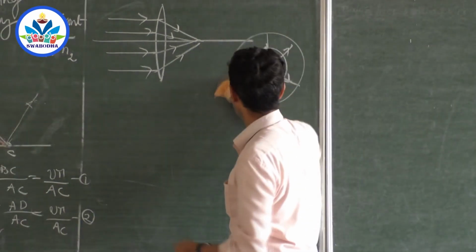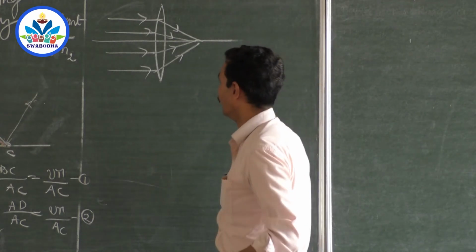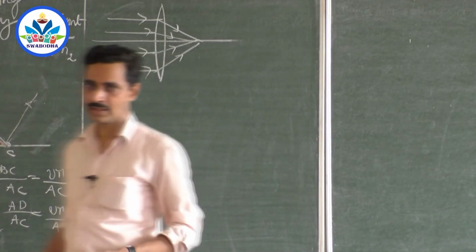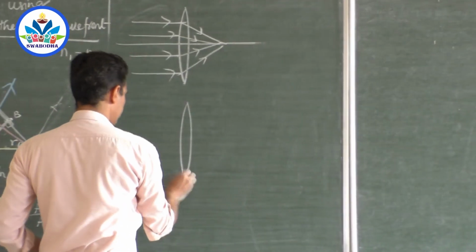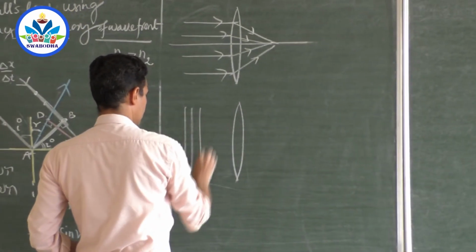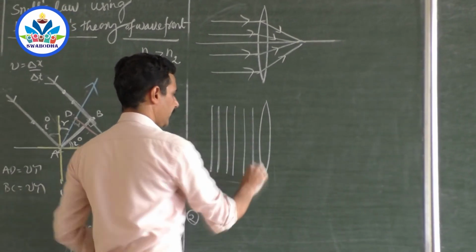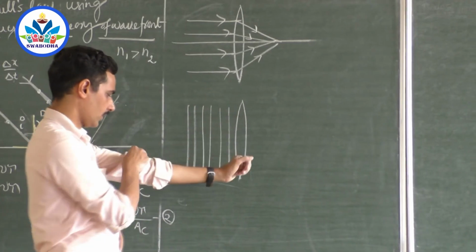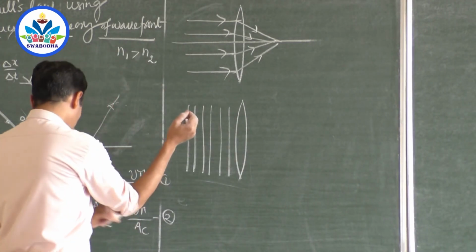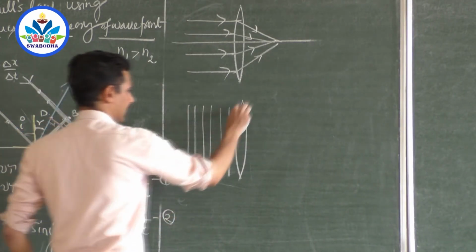Now, how can you say that this lens is converging the rays of light? Very simple. Take a plane wavefront. What do you mean by plane wavefront? You show it in planes like this, right? When a plane wavefront hits a convex lens, it is very similar to parallel rays.